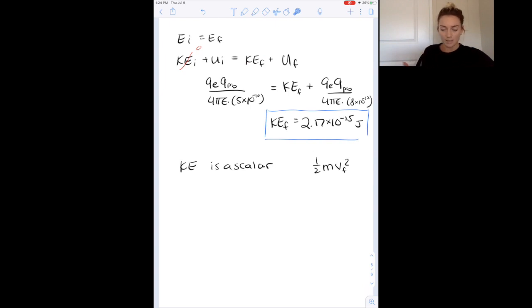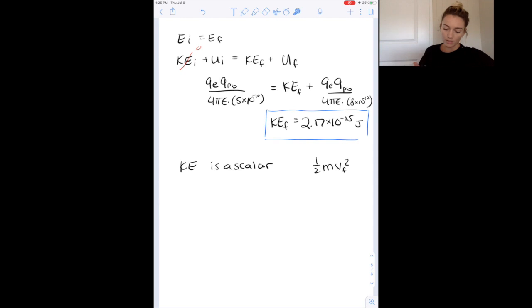So the lead nucleus has 0 kinetic energy both in the beginning and after. But if the lead nucleus was moving, then you'd have to include the lead nucleus kinetic energy too. If you have more than one particle moving, you have to take into account both of those particles' kinetic energy. Here, only the electron was moving, so I just had one kinetic energy to worry about.